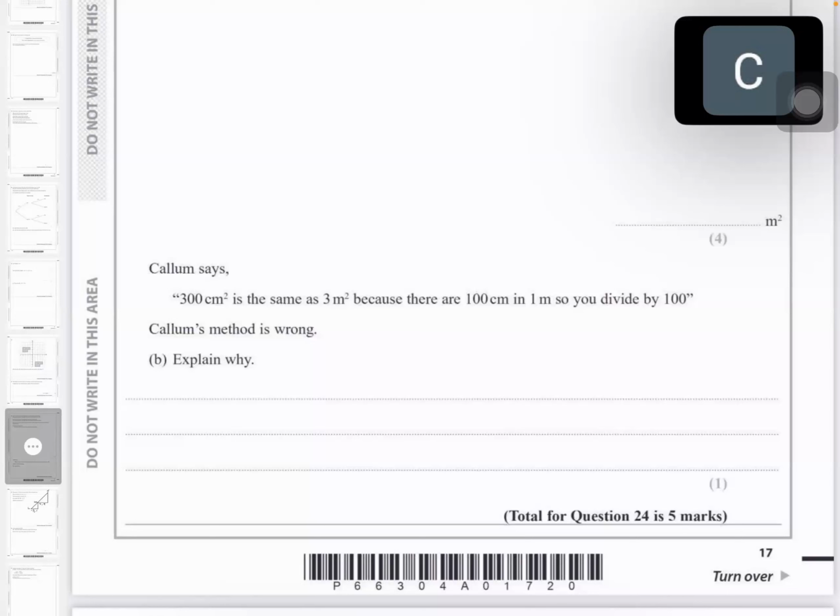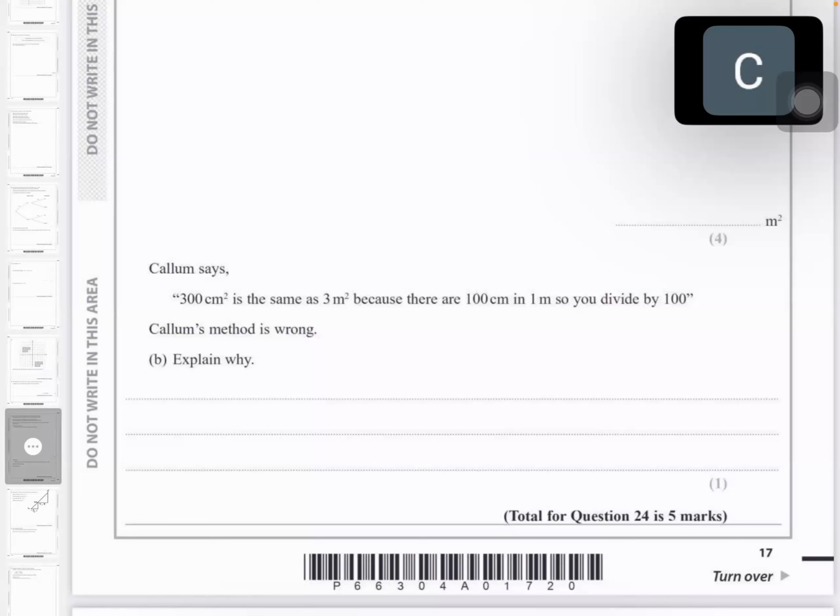So if you are going to find out what is in 1 meter squared, don't you think that's going to be what is in 1 meter times what is in 1 meter? Is that not what a meter squared would amount to? Yes. Good.